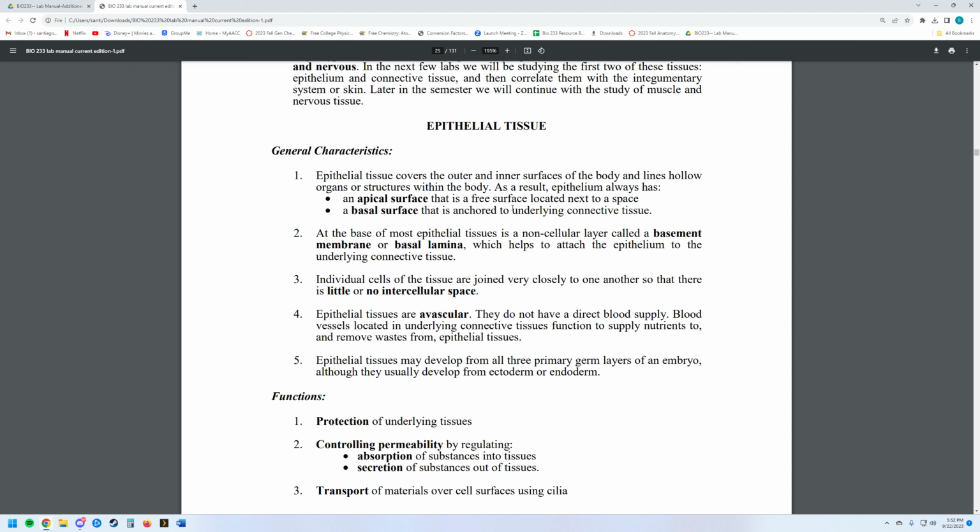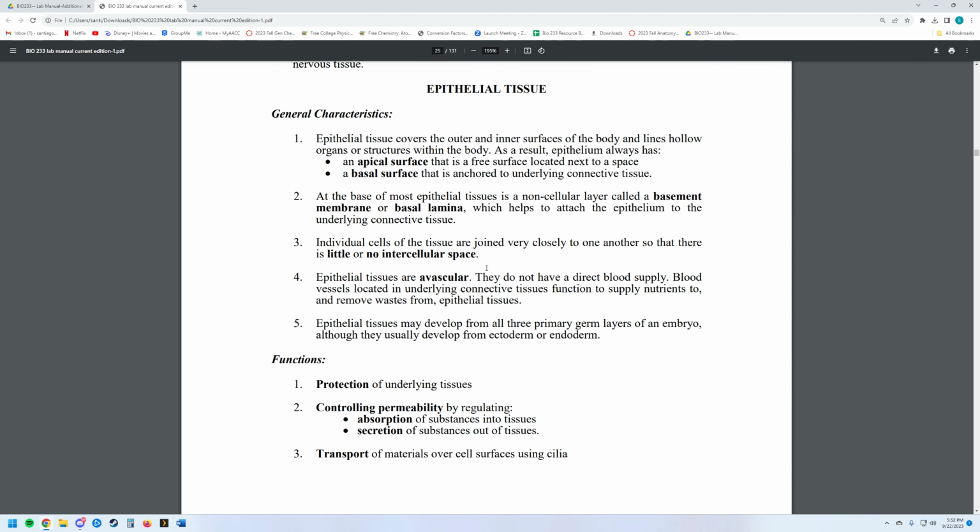Remember, for things to be epithelial, they have to have an apical surface, which is open to the free space, and a basal surface where it's anchored into underlying connective tissue. At the base of most epithelial tissues is a non-cellular layer called the basement membrane, which helps to attach it to the underlying tissue.